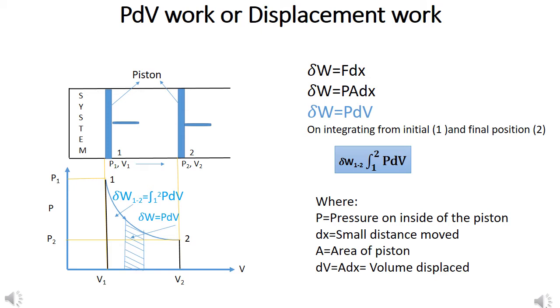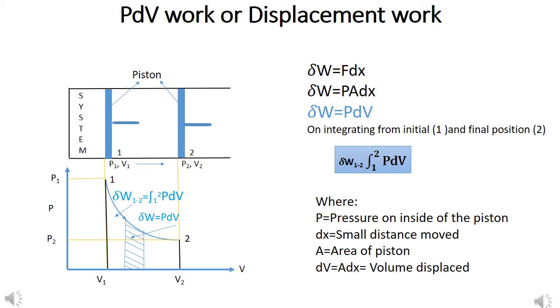So work done is equal to pressure into area of the piston into the distance moved, that is P into A into dx. Now the area and the small distance dx give volume. Area is meter square and dx is meter, so it will be meter cube. So delta W is equal to P into dV.